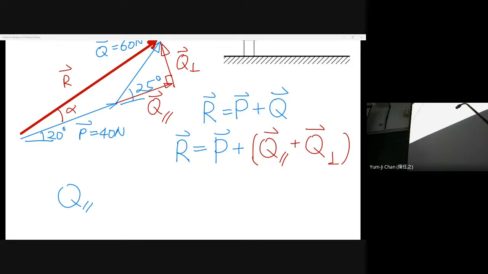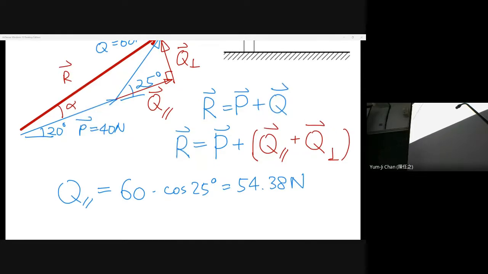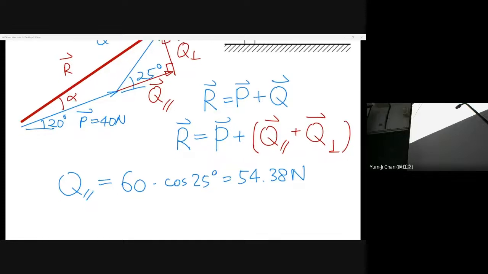Q parallel is equal to 60 times cosine 25 degrees, equal to 54.38 newtons. And Q perpendicular is equal to 60 times sine 25 degrees, equal to 25.36 newtons.